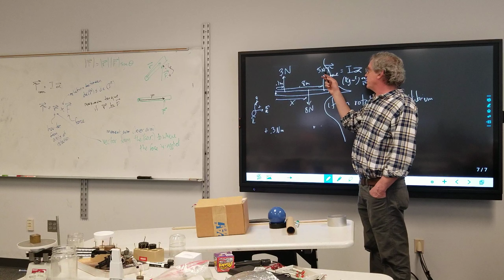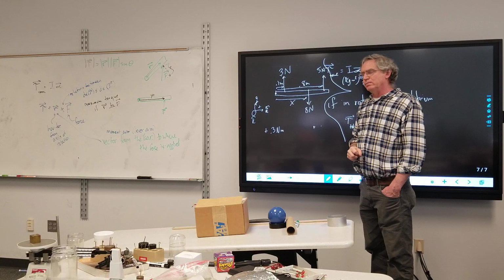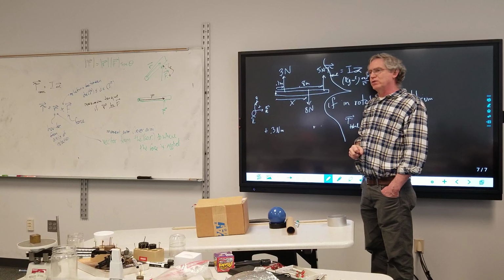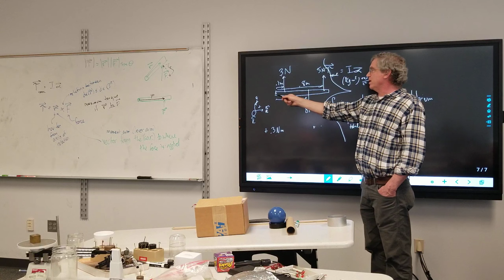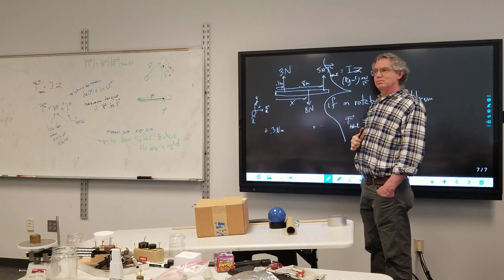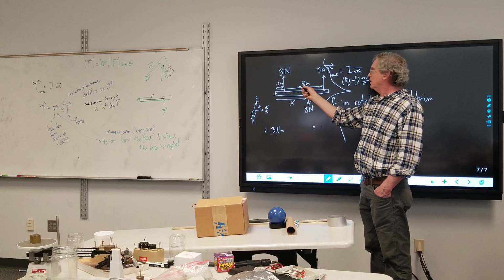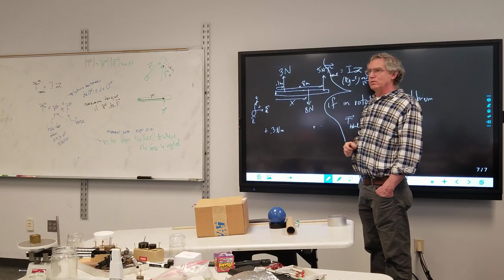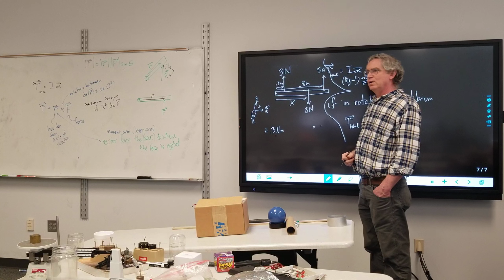Now this one right here, my 5 newtons, that's 0.8 meters away. First off, what is the magnitude of the torque about that point caused by that force? That's 0.8 meters and 5 newtons, 4 newton meters.